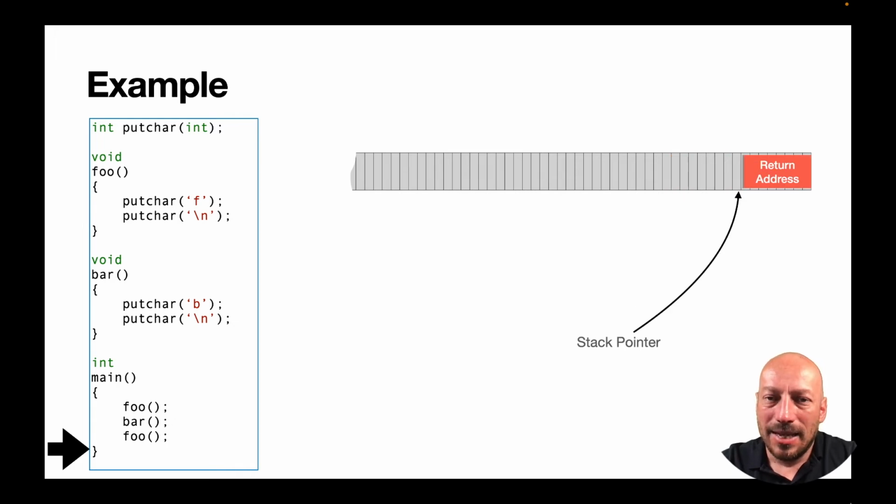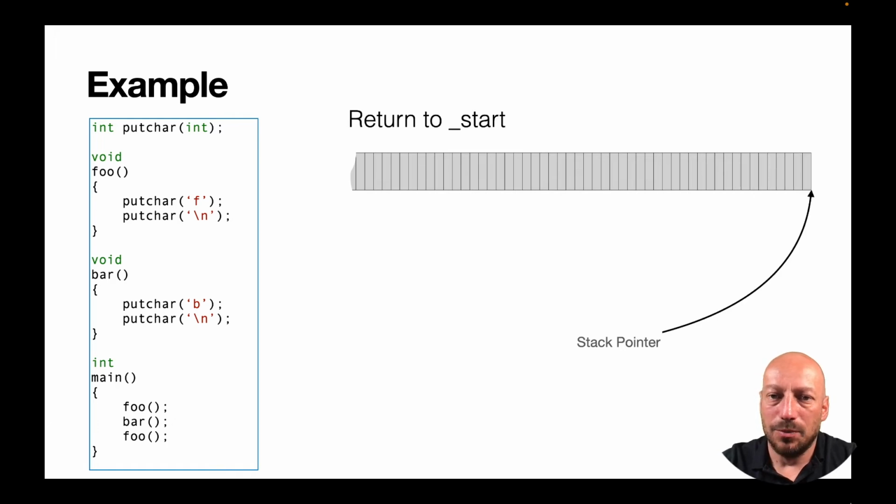Then it jumps back, and then function main is done. That means now function main will increment the stack pointer, use the return address stored and found there, and jumps back to this _start function. And this _start function in the ULM implementation will halt the program with the return value actually of function main.